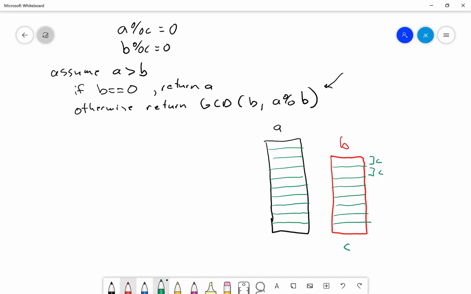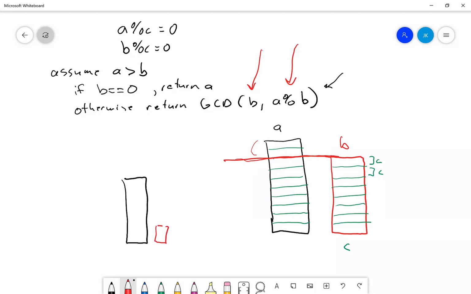In other words, if I chop off this top part of A and take off all the B that's down there, what I'm left with, C still has to divide that. So it's still going to divide B just like before, and it's also going to divide A mod B. And if I were to draw something where A was much bigger than B, it might be that I have multiple B's there, but it's the same principle.